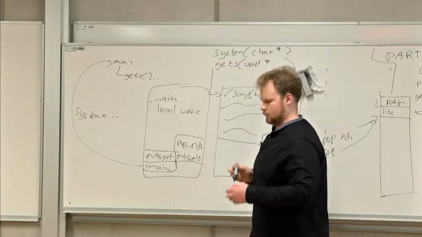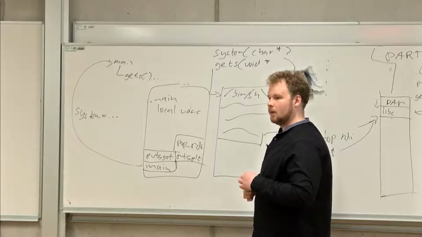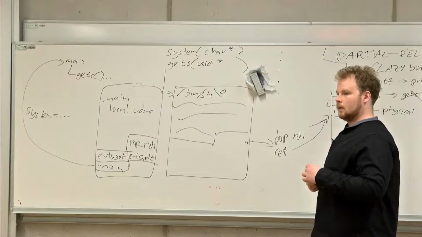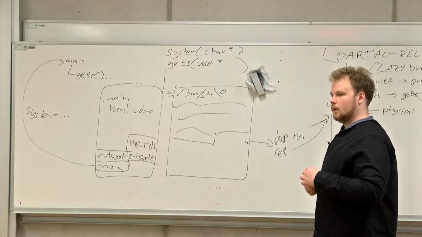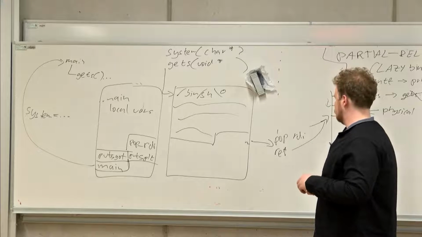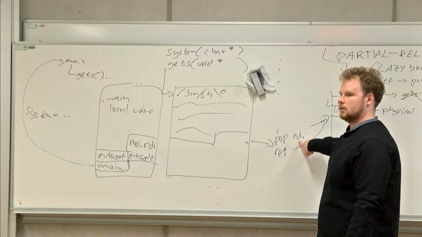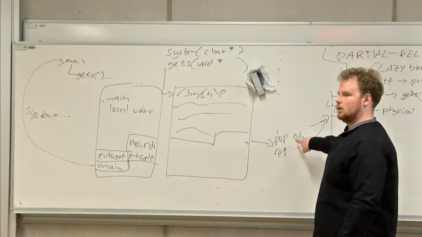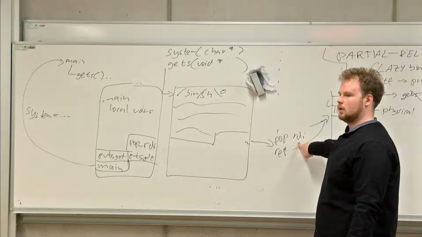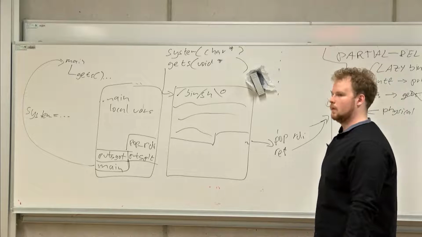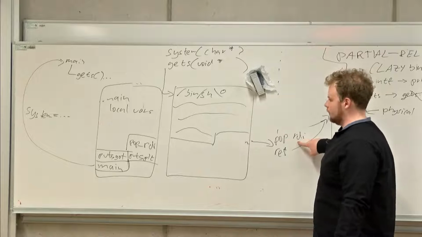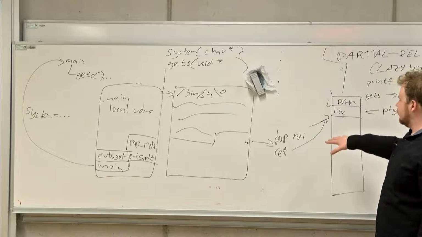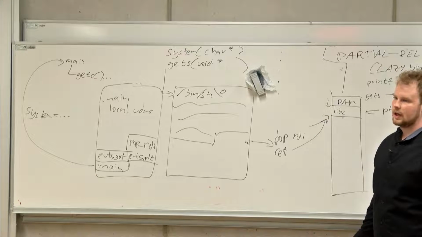In order to pass an argument to the function, you need to load the registers with appropriate values before you call it. Exactly. This pops a value from the stack into the register. And after this is done, we can call the function because the value will already be in the register. We basically control the whole execution because we control the whole stack. It's like a stack machine.